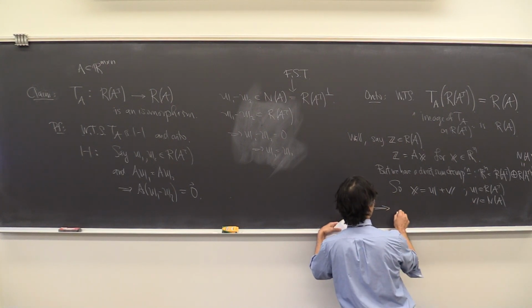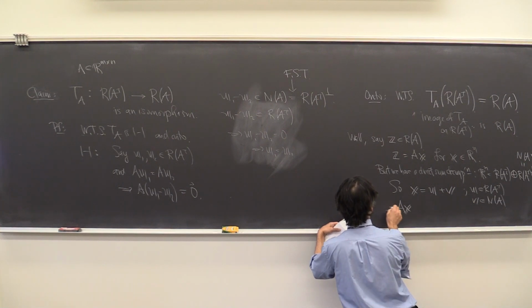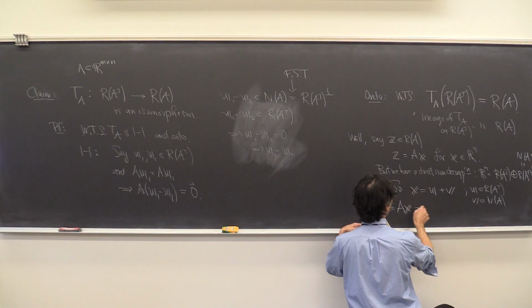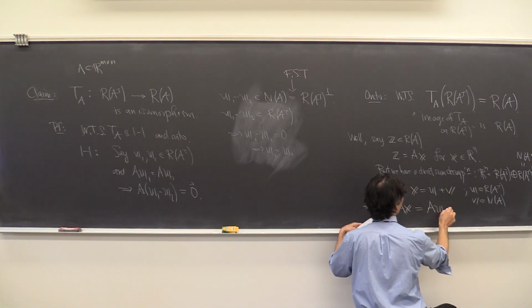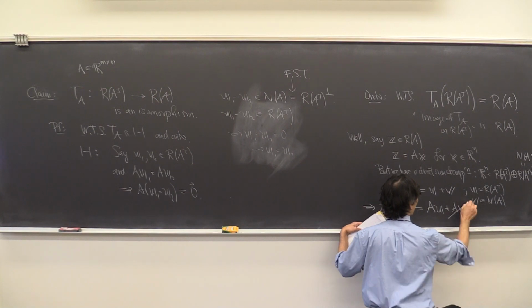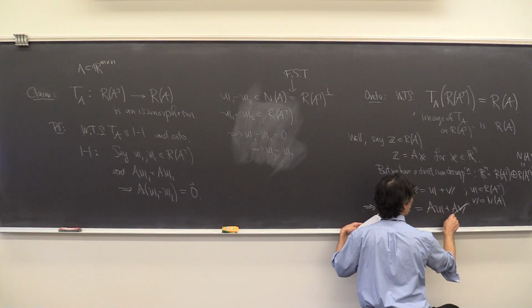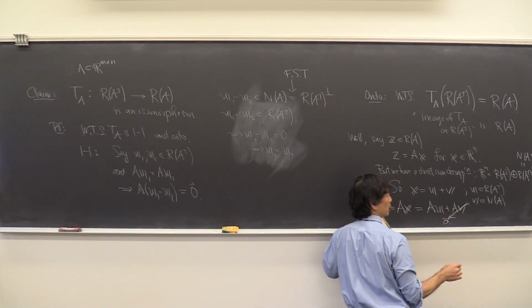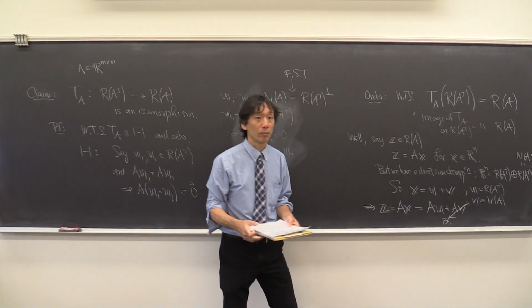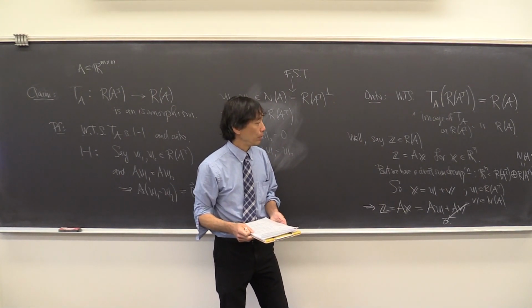But that means that AX, that was our Z, equals AU plus 0, since AV is 0.